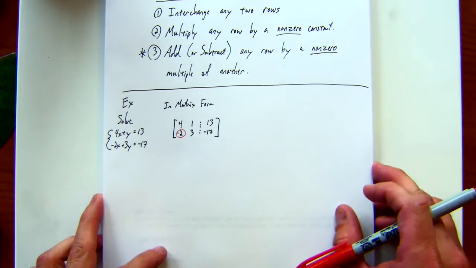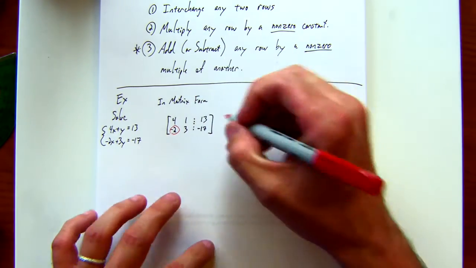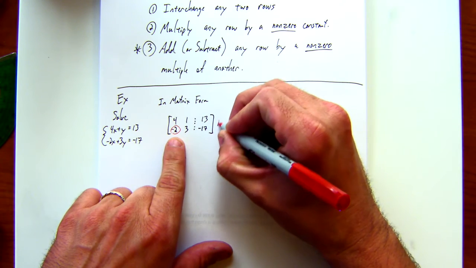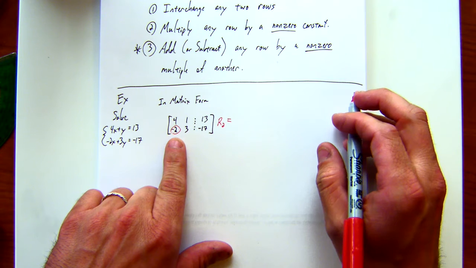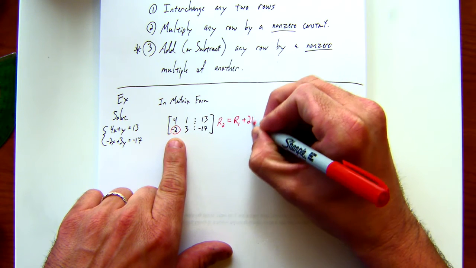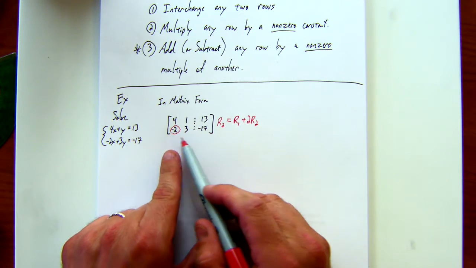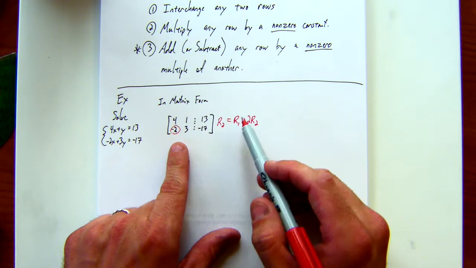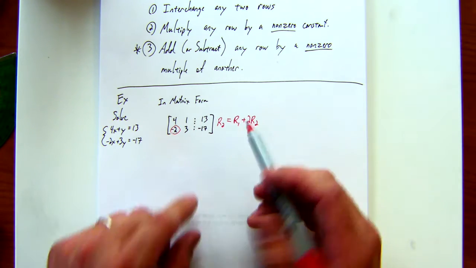I'm not going to require you to write this out, although it would be very helpful when you're learning this. So I'm going to reassign row 2 to be equal to row 1 plus 2 times row 2. This is telling me I'm going to recalculate row 2 by adding row 1 to 2 times row 2.